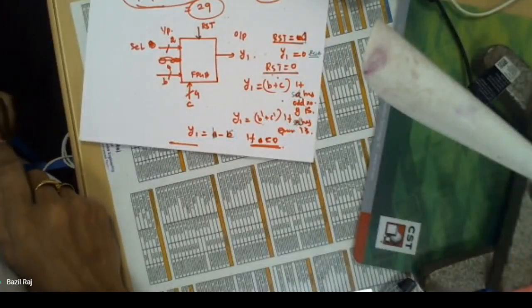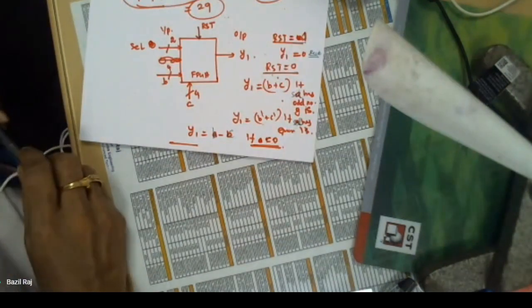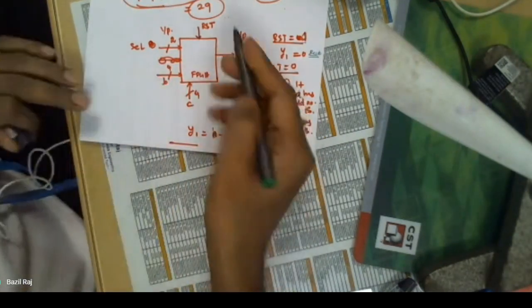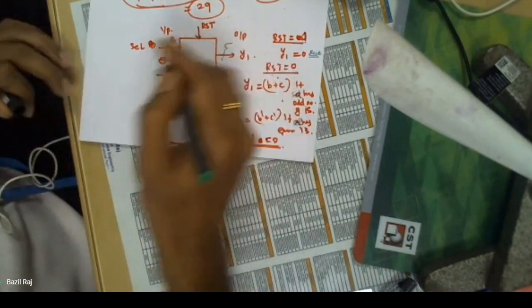Otherwise, Y1 is equal to B minus C if A equal to 0. That's all. Do this one. And sir, Y1 is a vector of size 5 bits.